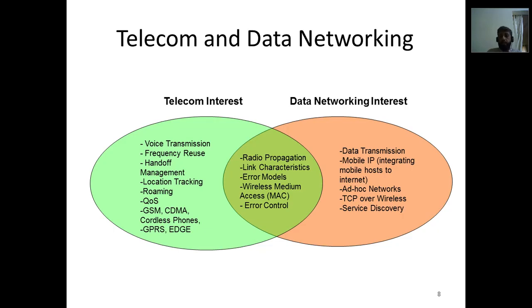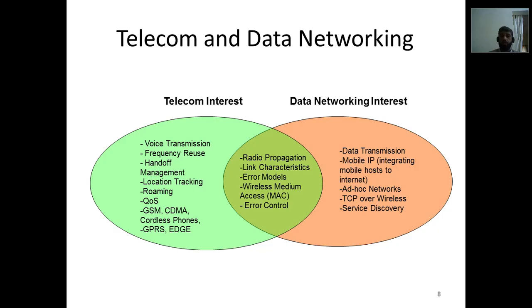And in doing so, because we are trying to have these services integrated through a wireless link, so eventually in both cases there is a common scenario, common area of interest in which we talk about the wireless connectivity. In those areas we generally talk about the radio propagation or propagation of electromagnetic waves from the free space. We talk about the characteristics of the link that is established between two nodes.